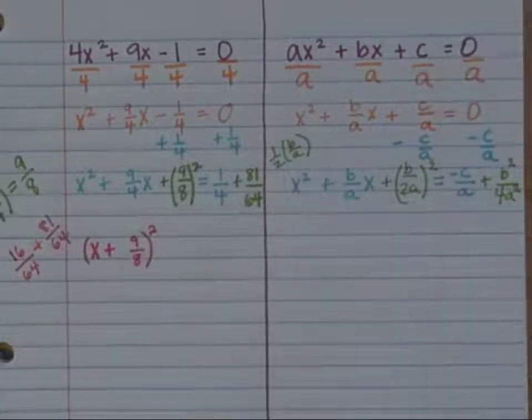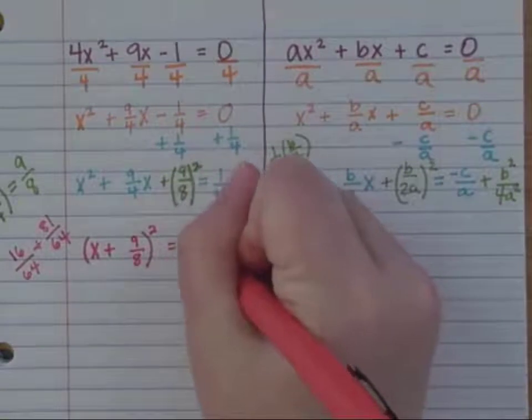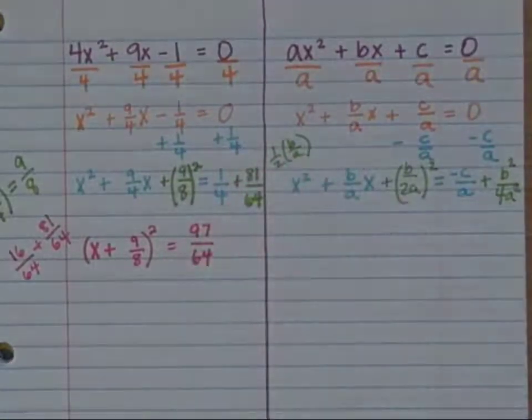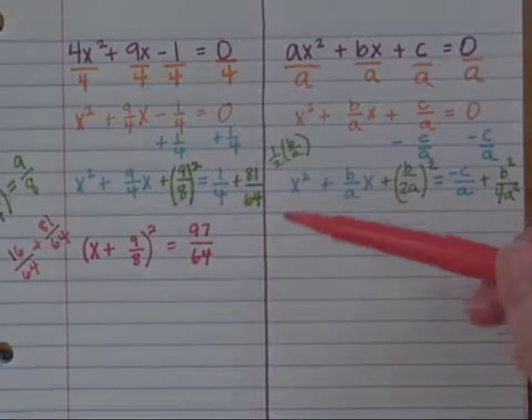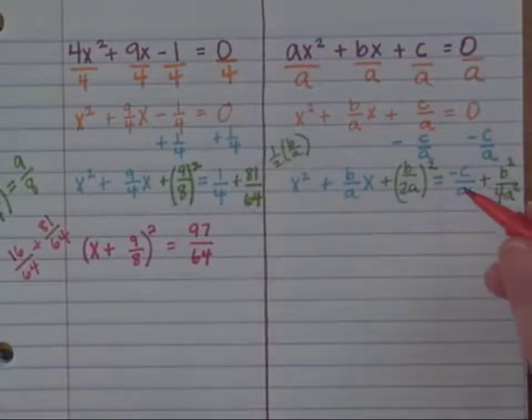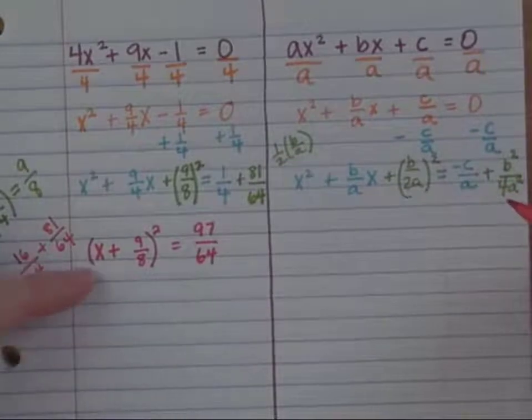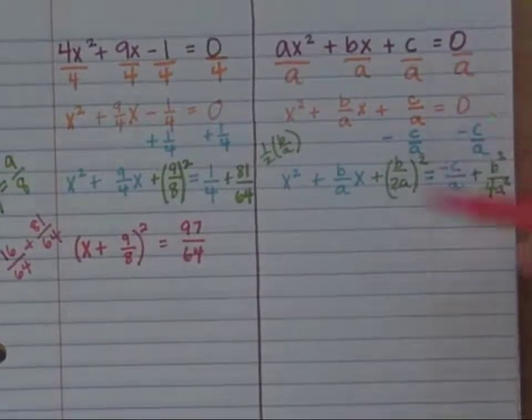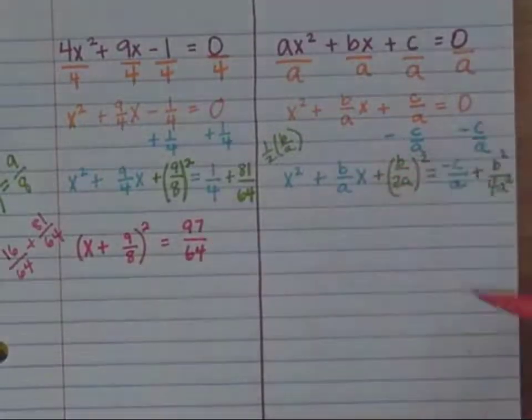Okay, so 16 plus 81 is 97. And I know that you're like, why are these numbers so difficult? We would never use completing the square to do this problem. Well, it's difficult because we're using a lot of variables over here. We're doing a literal equation, and we definitely want to make it look as much like that as possible so we can understand where we're going here.